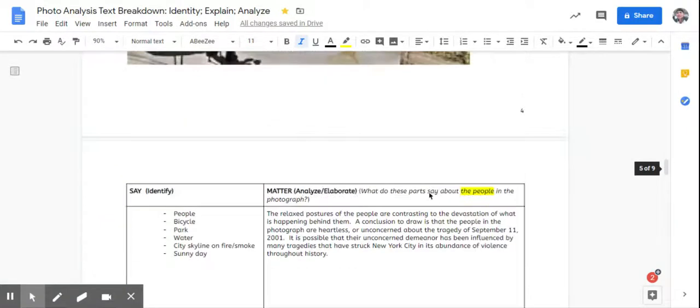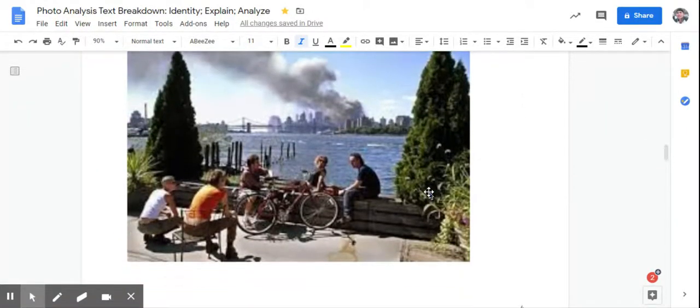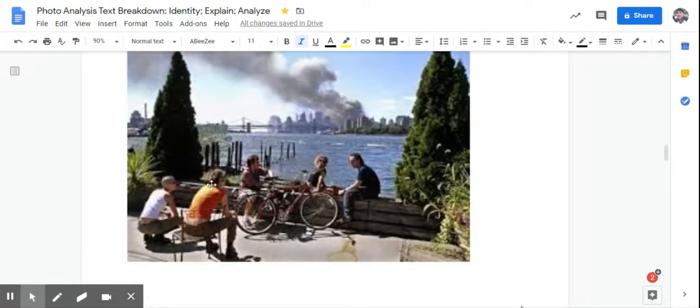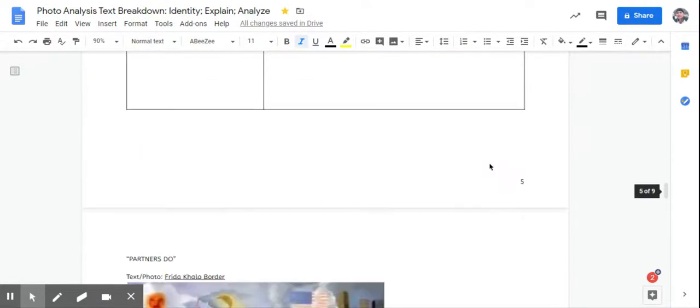And then the one that I did, the lens of what the parts say about the people in this photograph, looking through the lens of the people, as tragedy and destruction has occurred directly behind them. All right, folks, that should do it.